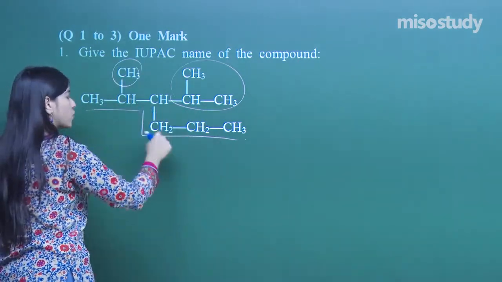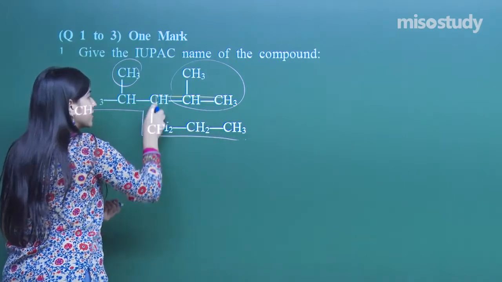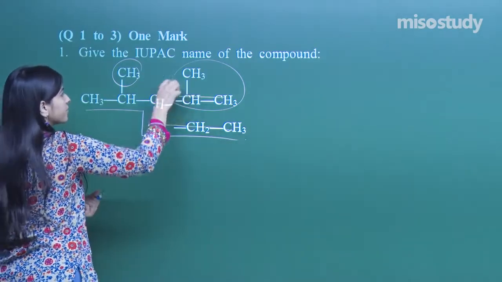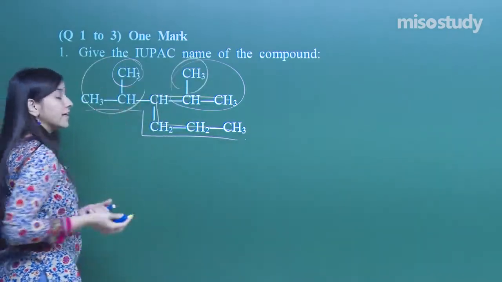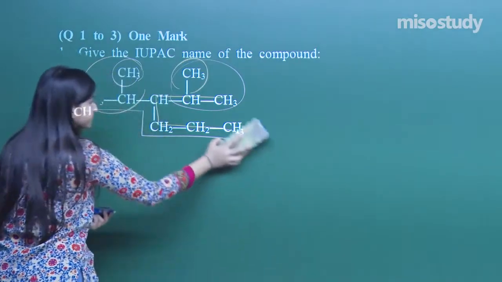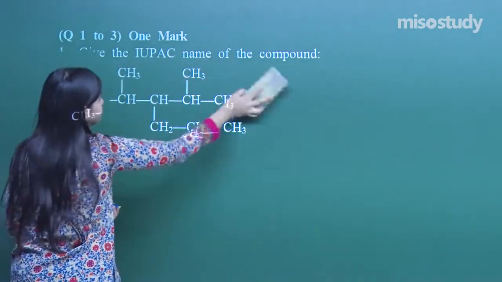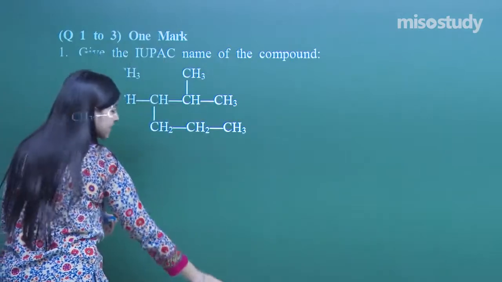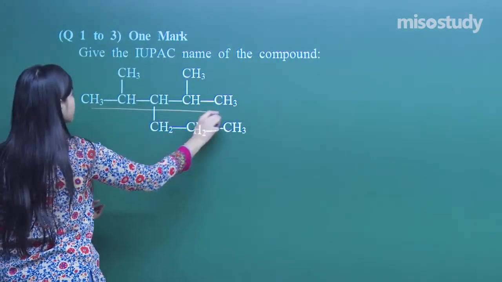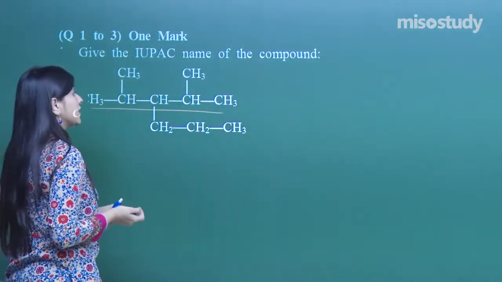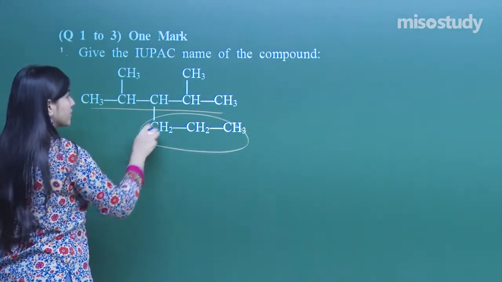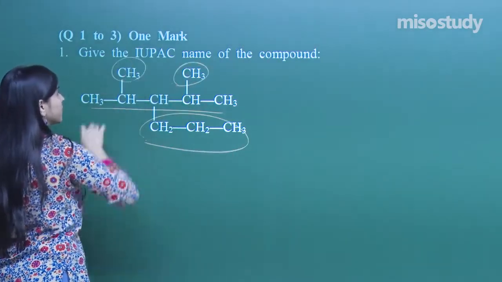If I go by this one, how many substituents? 1, 2, again 2. But see here, if I select this as my word root, how many substituents? 1, 2, 3.